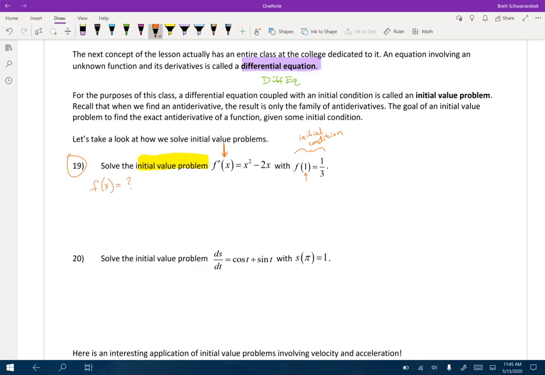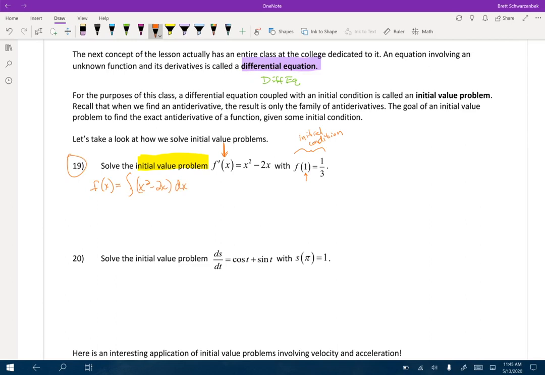Well, if you have the derivative, then how do you get back to the original function? You take the antiderivative of that function, making sure to put in the variable of integration. So this is the first step in an initial value problem.